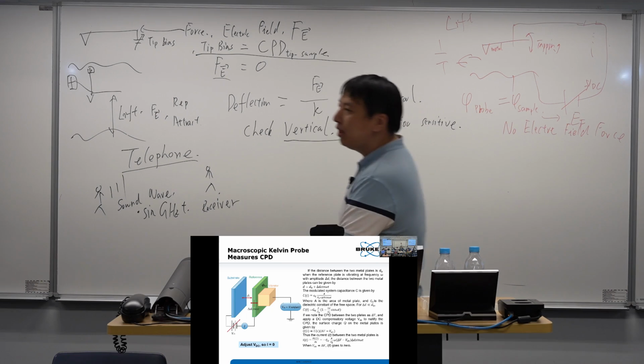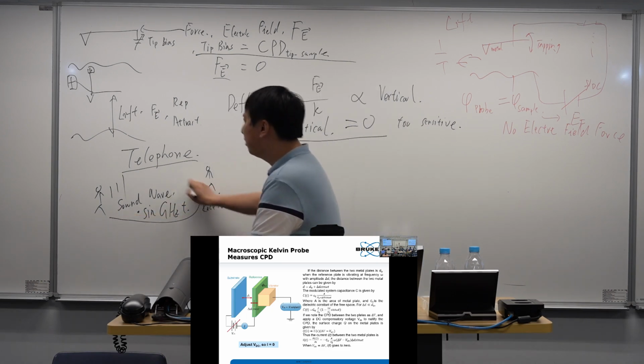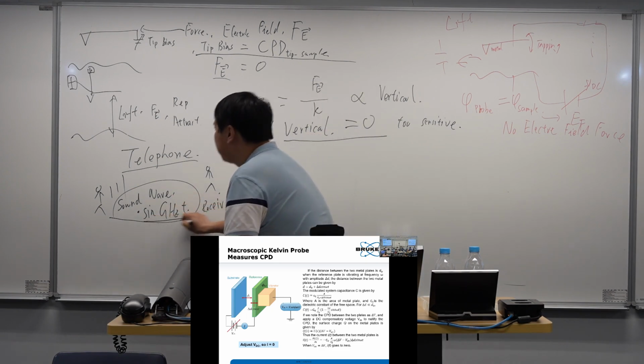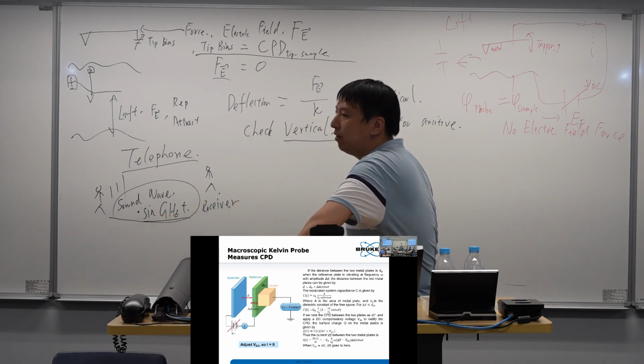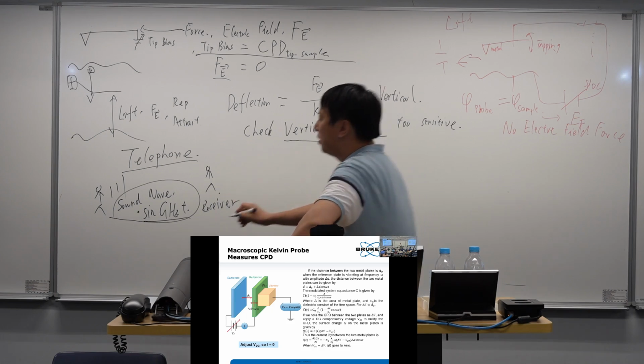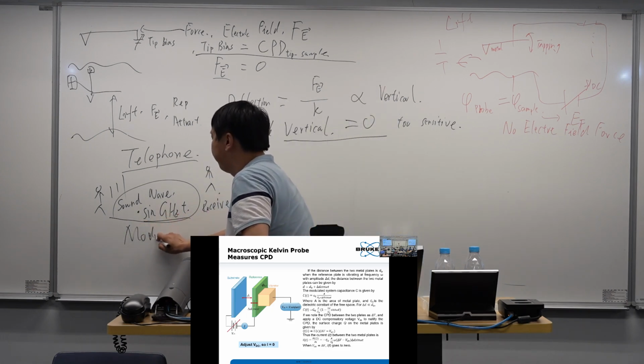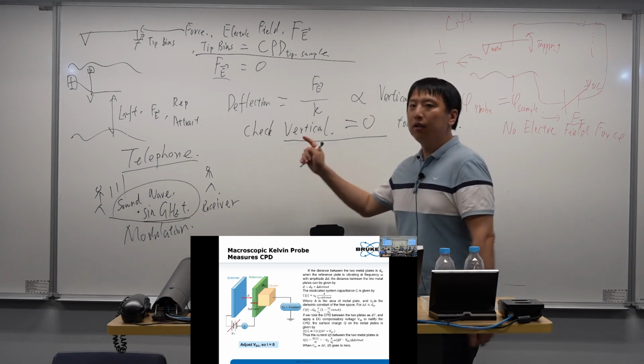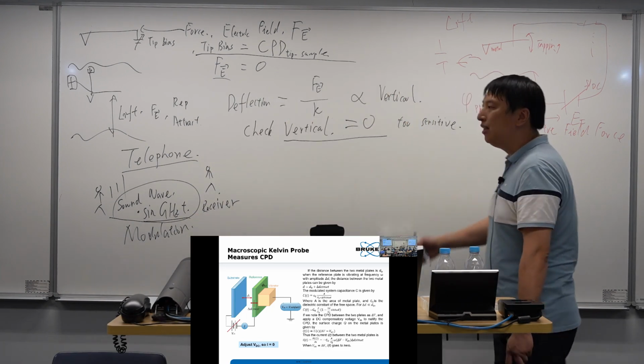So my sound wave is something like this. It's not my sound anymore. It's the sound multiplied by a gigahertz wave. We call this step modulation. But now the frequency of my sound is gigahertz.